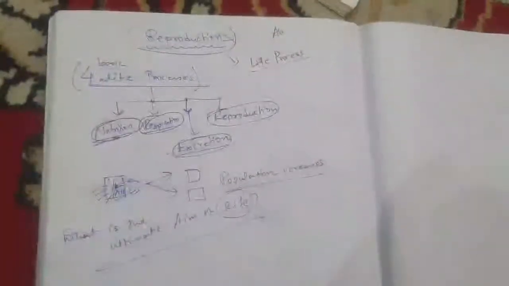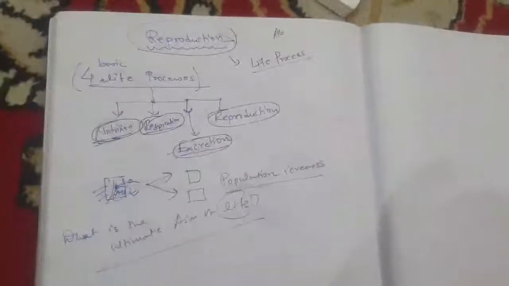Life processes may be more than this, but the 4 basic life processes are the nutrition, the respiration, the excretion, and the reproduction. These are the 4 basic life processes.